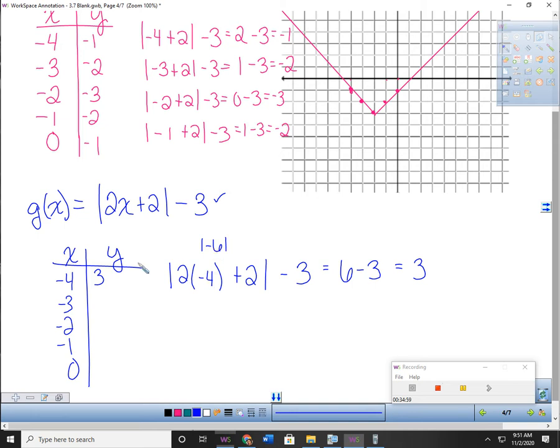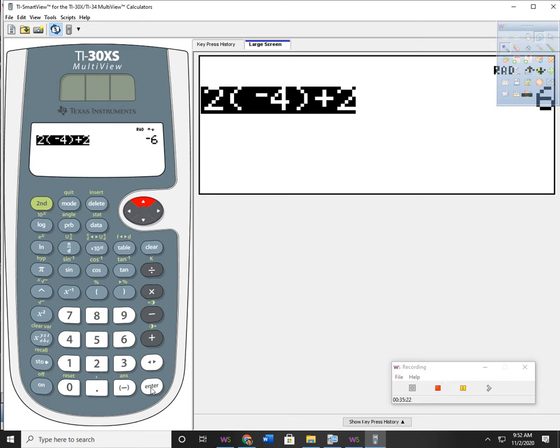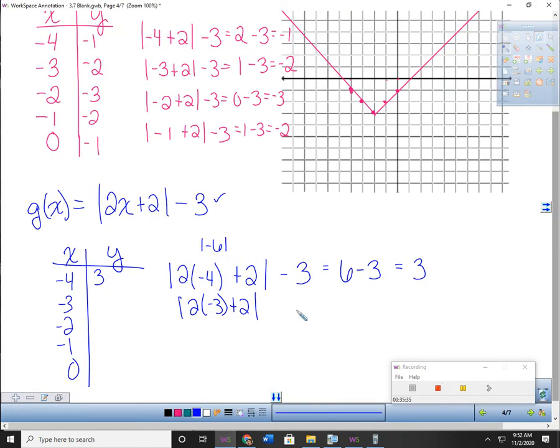All right, same thing with 2 times negative 3 plus 2. And if you don't want to have to type that all back out again, if you just go up and press enter, then you can arrow over and just type over that 4 and make it a 3. All right, so that gives you negative 4, which means you're going to take the absolute value of that, which gives you positive 4 minus 3 is 1.